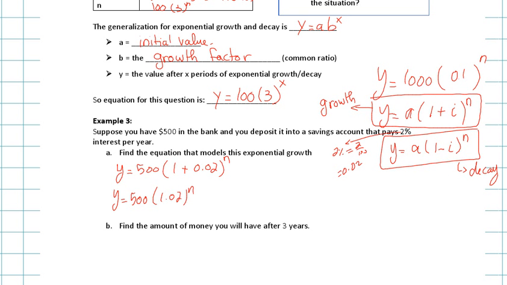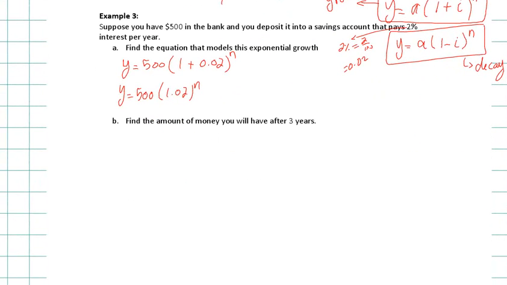Now, the next question is asking you to find the amount of money you will have after 3 years, which means n is 3. So you're going to plug in 3 for n, and then you're going to do it in the calculator. You get 530.076.